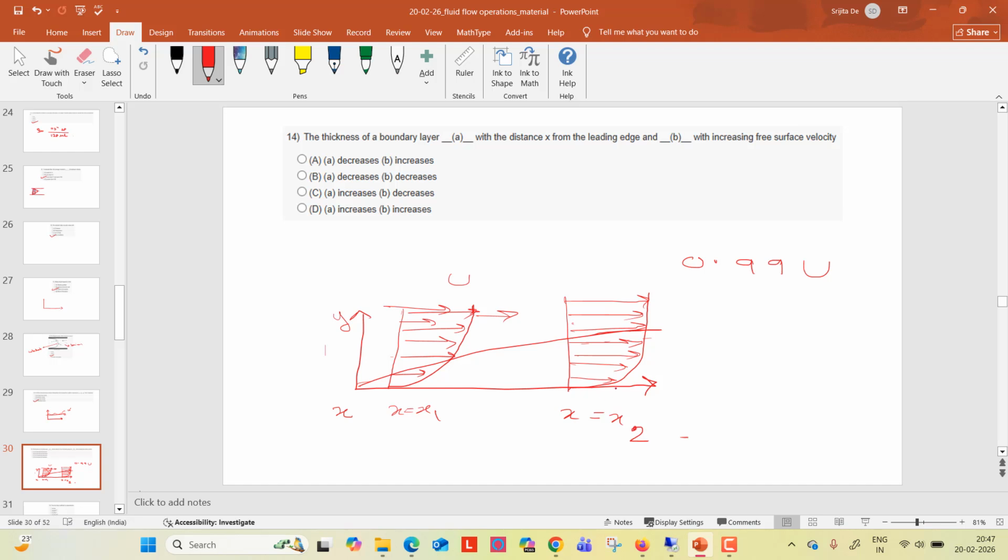So the thickness of the boundary layer increases with the distance x, as you can see from here, and decreases with increasing free surface velocity. As the velocity is increasing, the thickness of the boundary layer is decreasing. Okay, so it is option C.